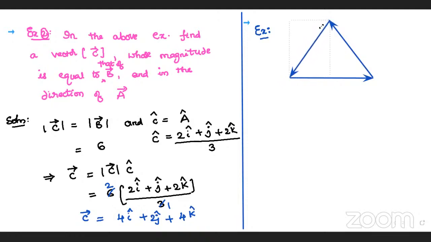So we are forming one equilateral triangle here, and each inner angle is 60 degrees. All of you know.